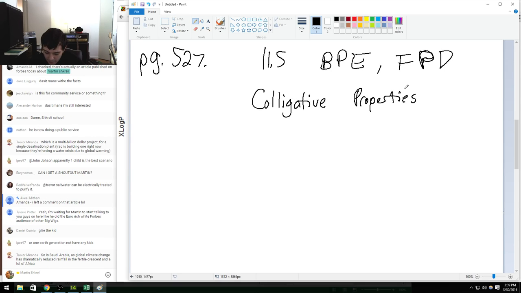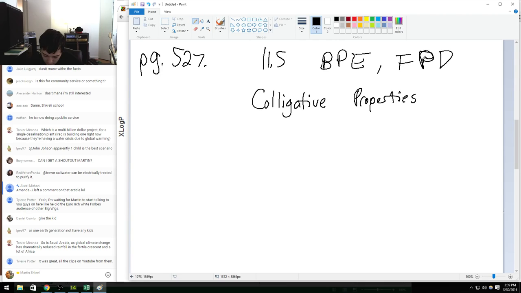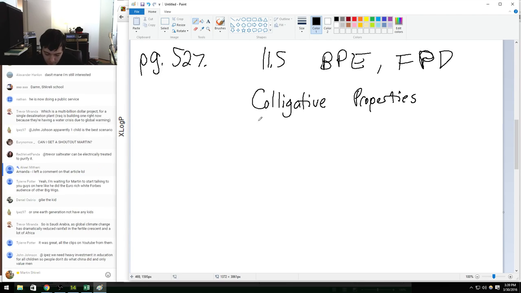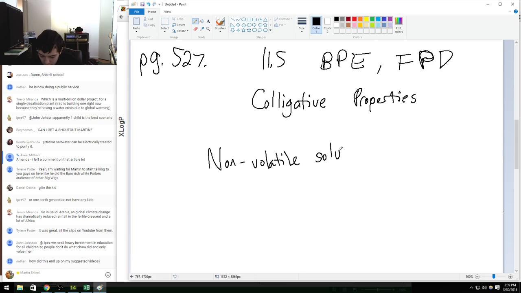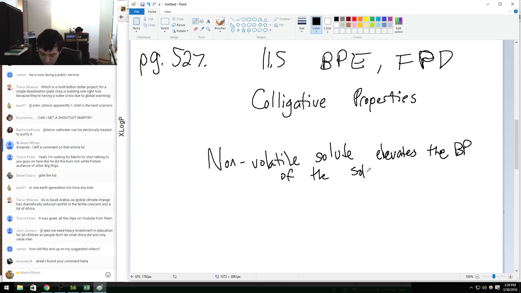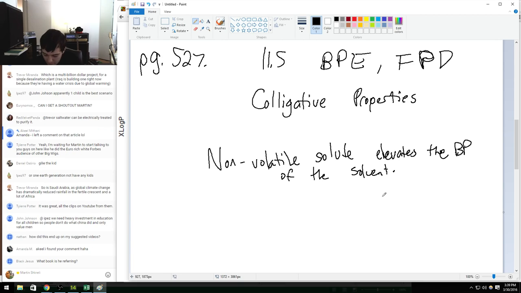The point is that by adding these solutes, for example, a non-volatile solute like sugar elevates the boiling point of the solvent. That makes sense. The same thing applies to freezing point. It will depress the freezing point.